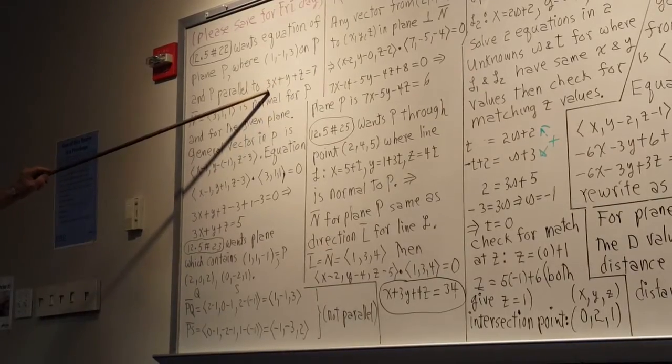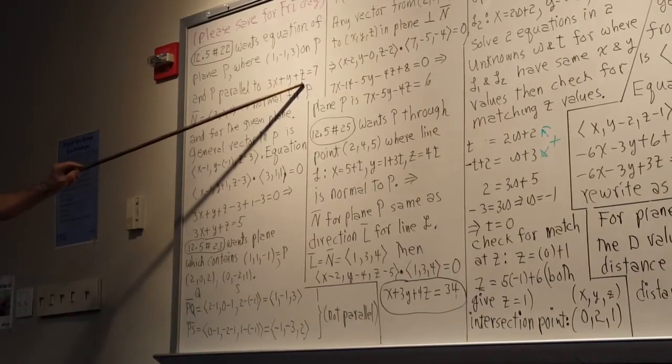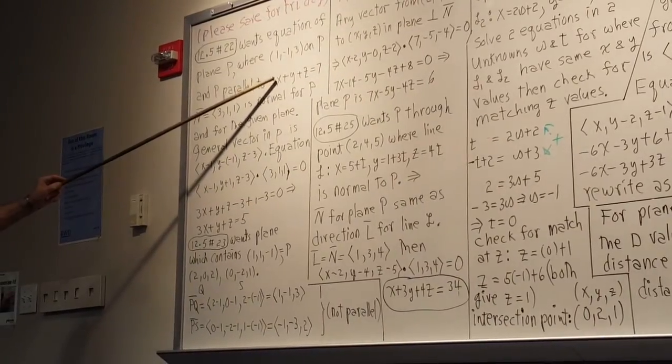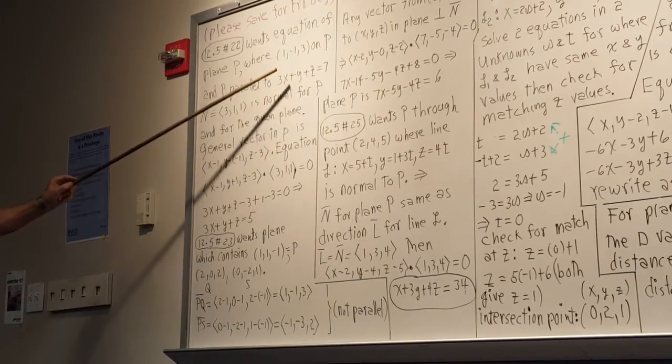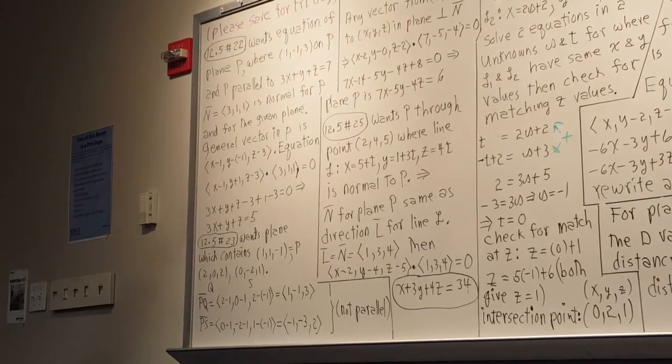Now, from what I just finished saying, you know that this surface is a plane. It's always a plane if the x, y, and z are first power and in separate terms, and everything else is a number.